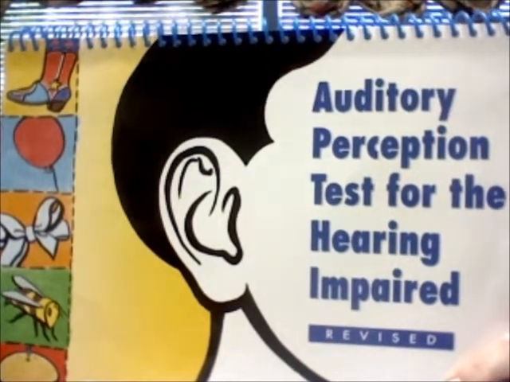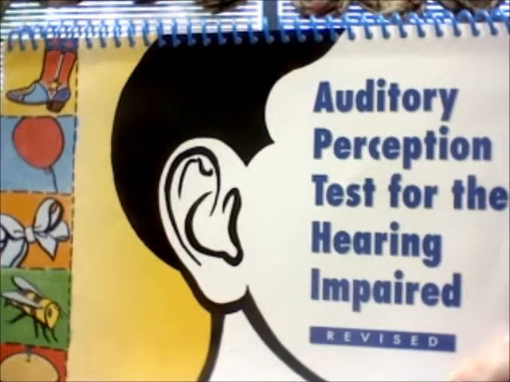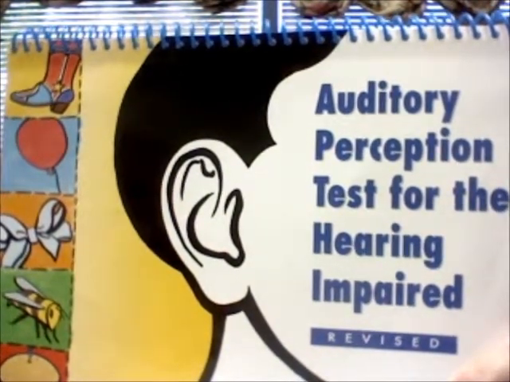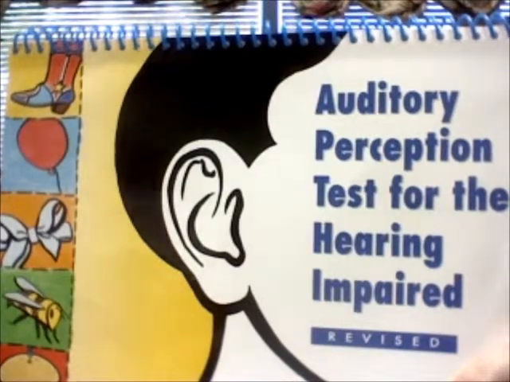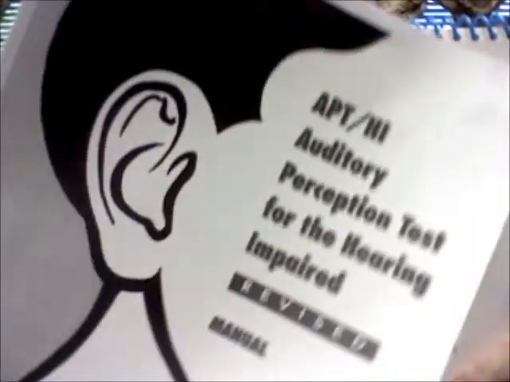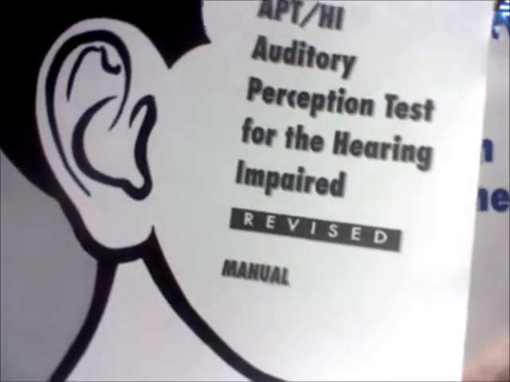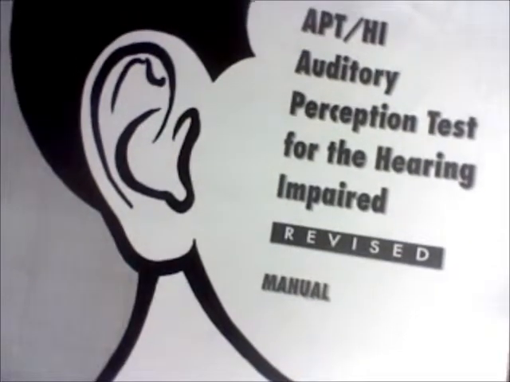The APT-HI includes the following materials: an instruction manual describing the test's purpose, development, administration, and scoring procedures, with appendices that provide additional activities for auditory perception and listening training.